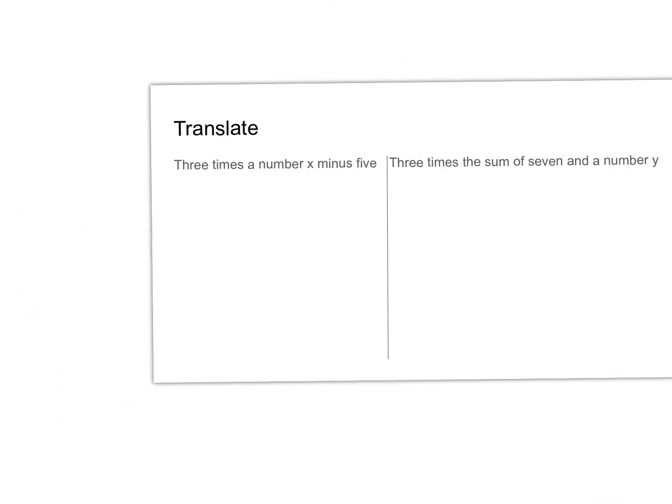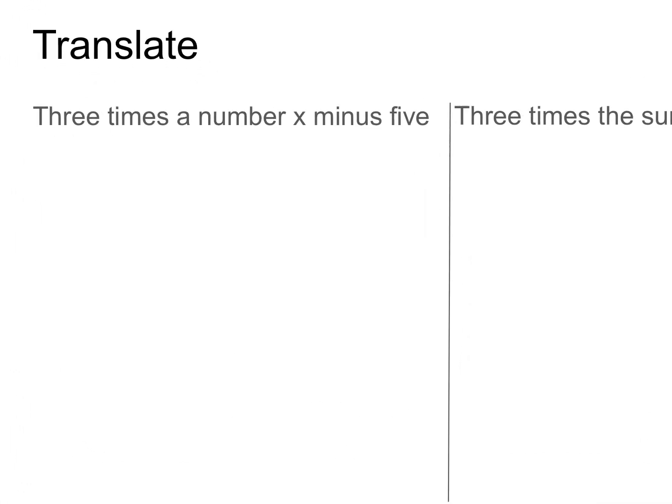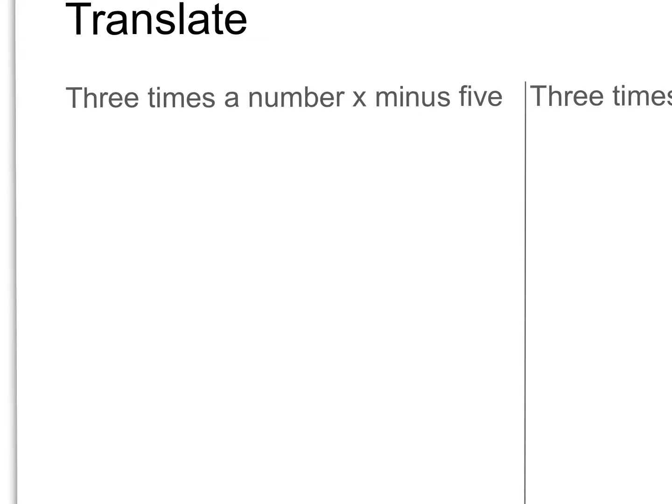All right, so we're going to do some translation here. Now again, anytime you're dealing with a word problem as simple as this or as difficult, always read the stupid thing first. Don't do anything else but read it. So 3 times a number, x minus 5. There, I read it. All right, now my next step, let's start our translation. So let's start with 3.